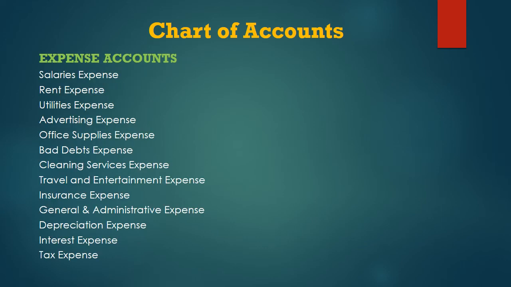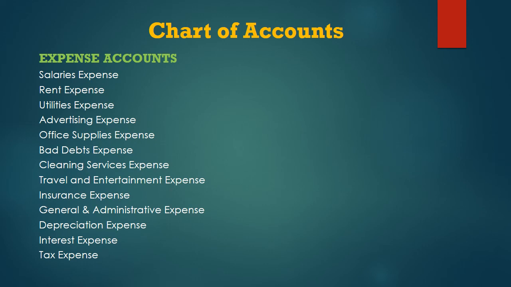Okay, then expense accounts: salary expense, rent expense, utility expense, advertising expense, office supplies expense, bad debts expense, cleaning service expense, travel and entertainment expense, insurance expense, general and administrative expense, depreciation expense, interest expense, tax expense, telephone bill expense.